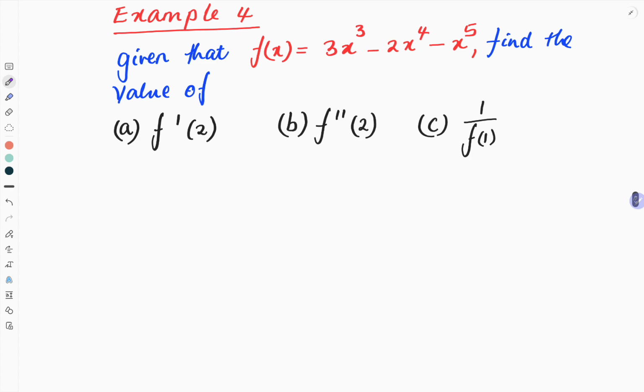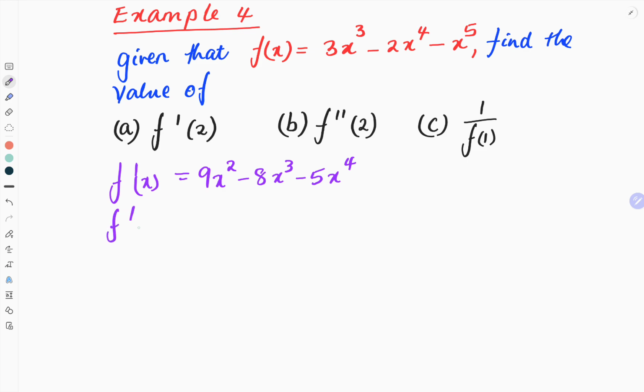Given that f of x is equal to 3x cubed minus 2x to the power 4 minus x to the power 5, find the value of the first derivative of the function at 2. To do that, you just determine your first derivative of this function, which will be equal to 9x squared minus 8x to the power 3 minus 5x to the power 4.